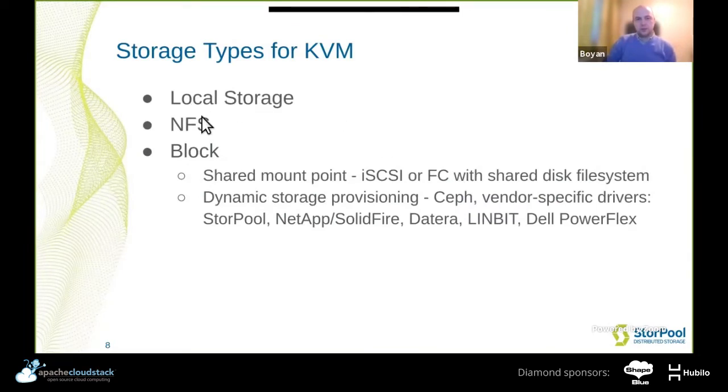You have local storage, NFS, and block, and under block storage you have the option called shared mount point, which is an iSCSI or fiber channel LUN used together with a shared disk file system. And then also under block, you have storage systems that support dynamic provisioning in CloudStack.